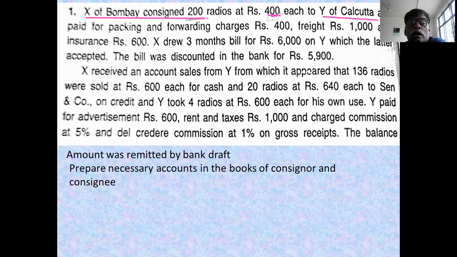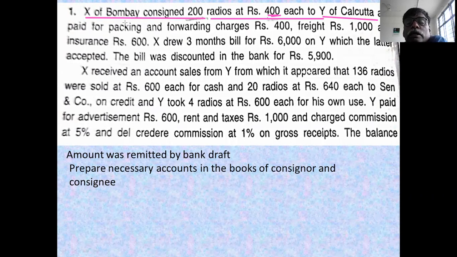So 200 into 400 is the goods sent on consignment. This line indicates the first transaction, goods sent on consignment. Goods sent on consignment comes on the debit side of your consignment account. This is the first item.